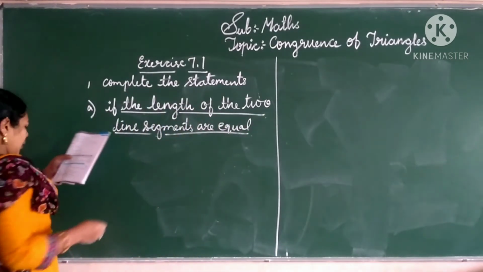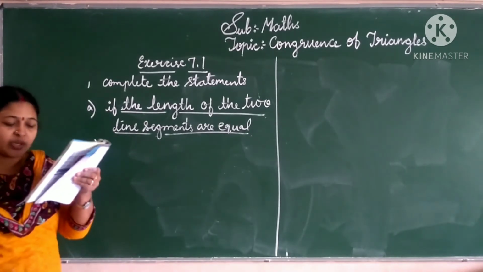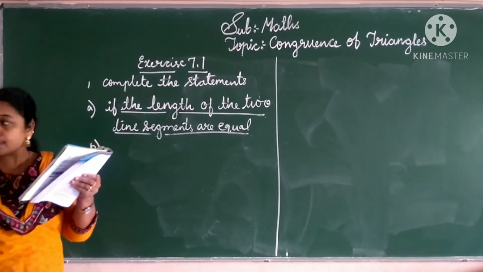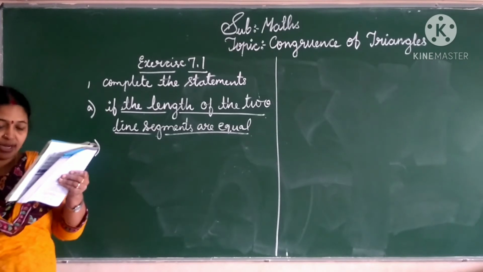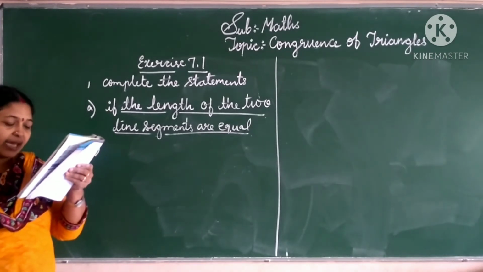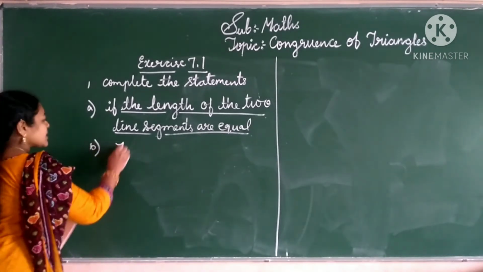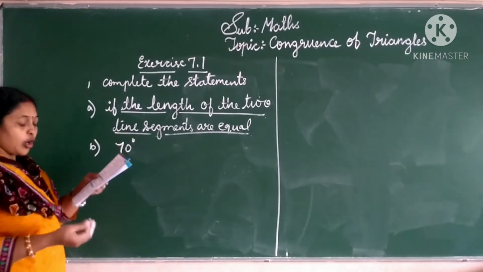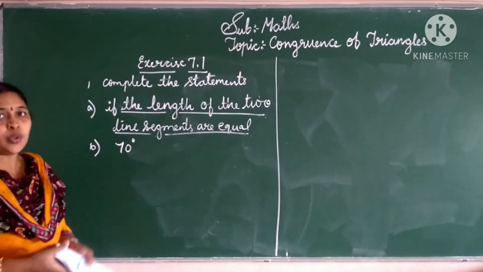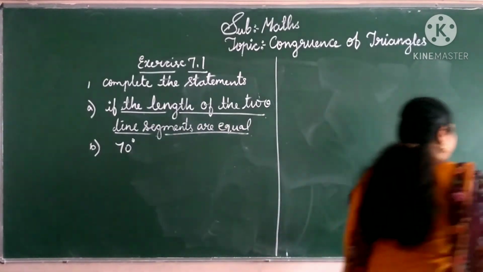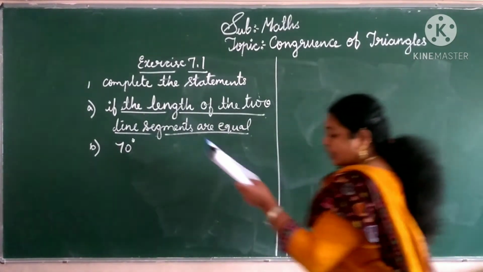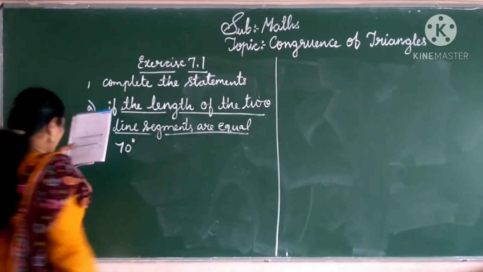Okay, B1. Among two congruent angles, one has measure of 70 degrees. The measure of the other angle is obviously 70 degrees. If they are congruent, obviously it is equal to 70 degrees itself. And look at the third one.